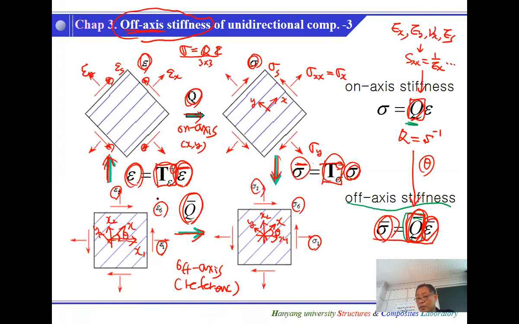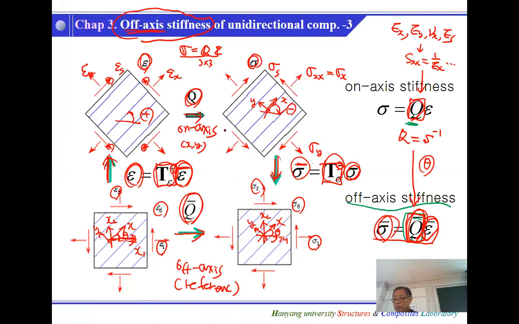Plus means that we are rotating in the positive direction, and the other rotates in this direction, so this is the minus direction and this is the positive direction. So I add minus and plus.